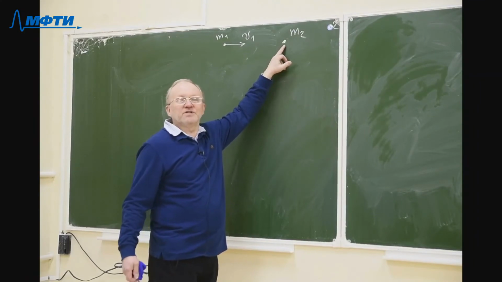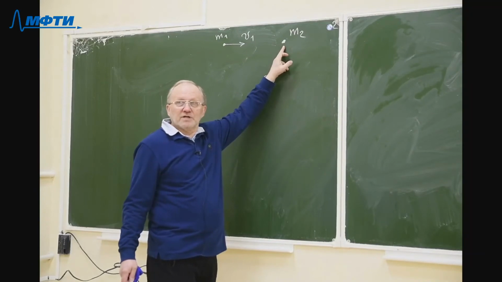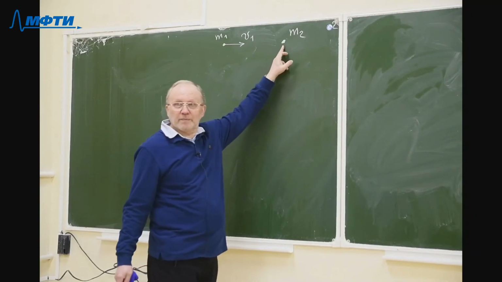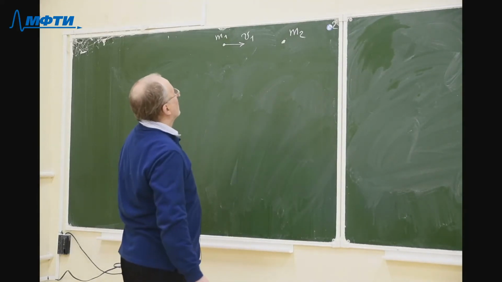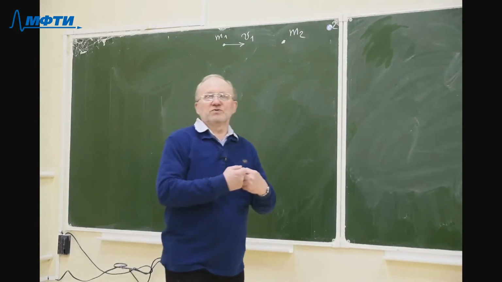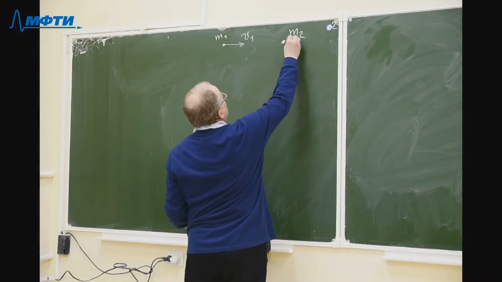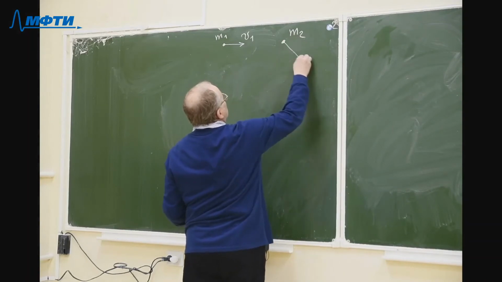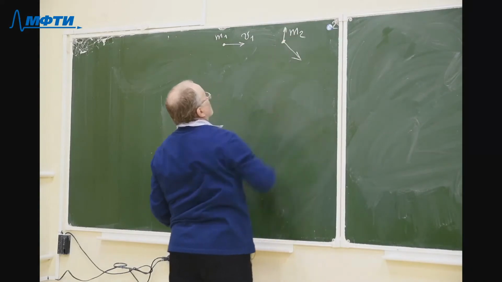It means by definition that the mechanical energy is conserved. It's not spent, it's not lost. So if there is an elastic impact, then the particles will collide and then somehow move after collision in different directions. So this particle can move, for example, here after collision, and the first particle can move, for example, here after collision.